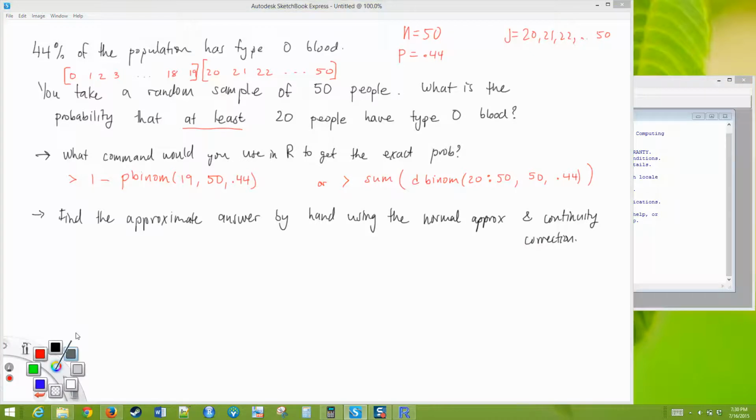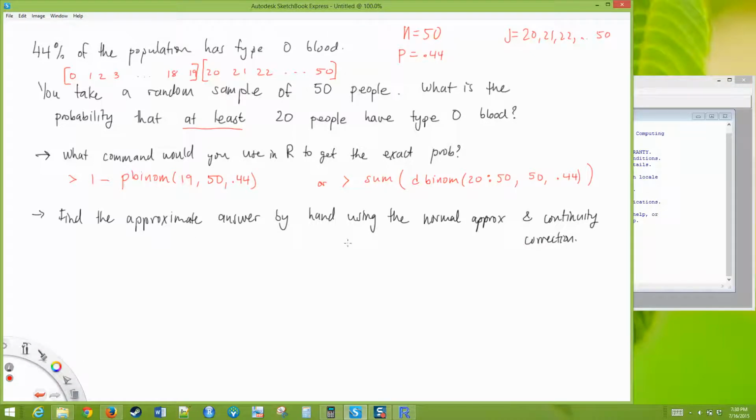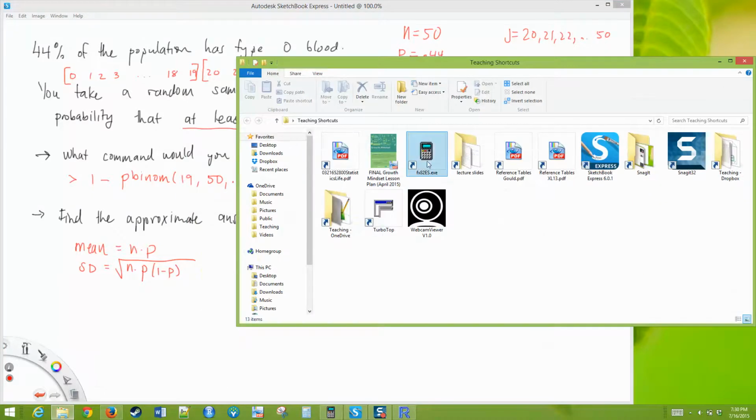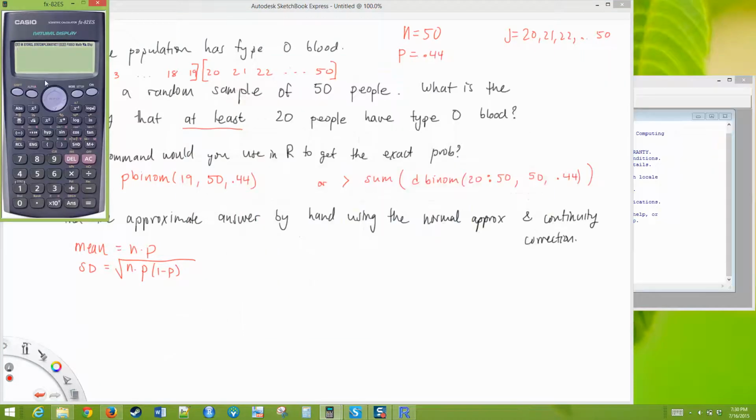Okay, so let's look at finding the approximate answer by hand using the normal approximation with continuity correction. I think almost everybody got this. Your mean is going to be n times p, and your standard deviation is the square root of np times 1 minus p.